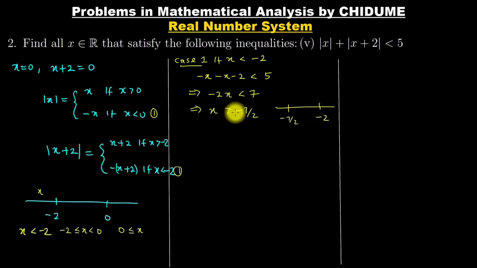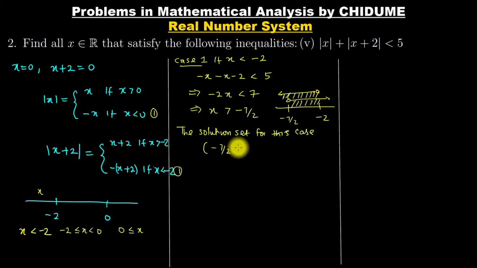We notice x greater than negative 7 over 2 is this region, and for the condition x less than negative 2, we have this condition here. Where do they intersect? The solution set for this case is negative 7 over 2 comma negative 2, open at both ends.